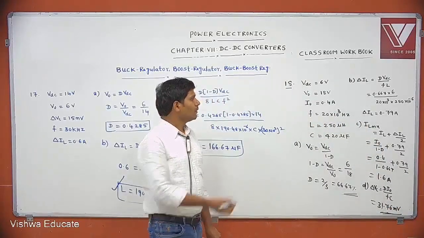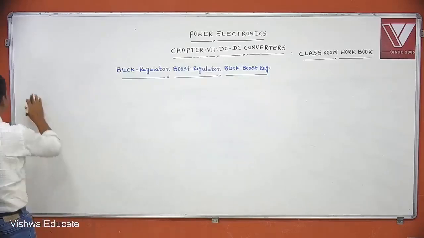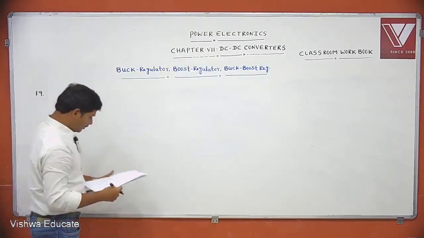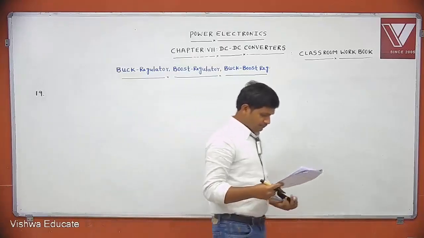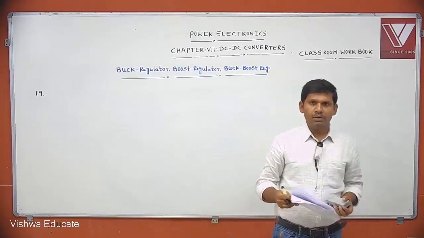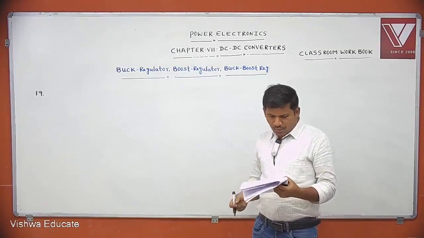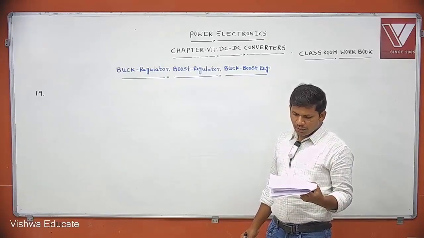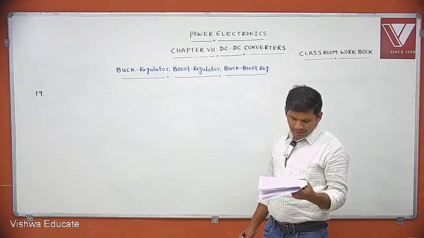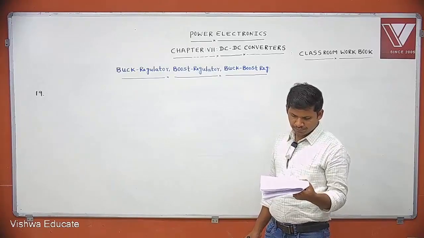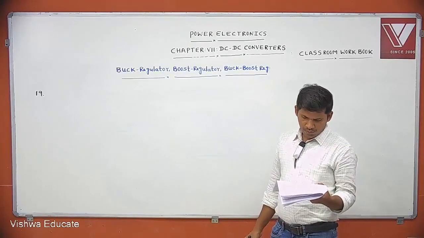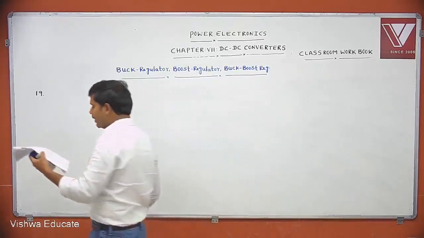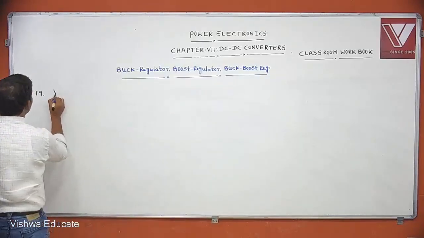Here, answer 19. Question number 19. A buck boost converter, the input is 14 volts and the duty cycle is 0.6. The switching frequency is 25 kHz. Input VDC is 14 volts.